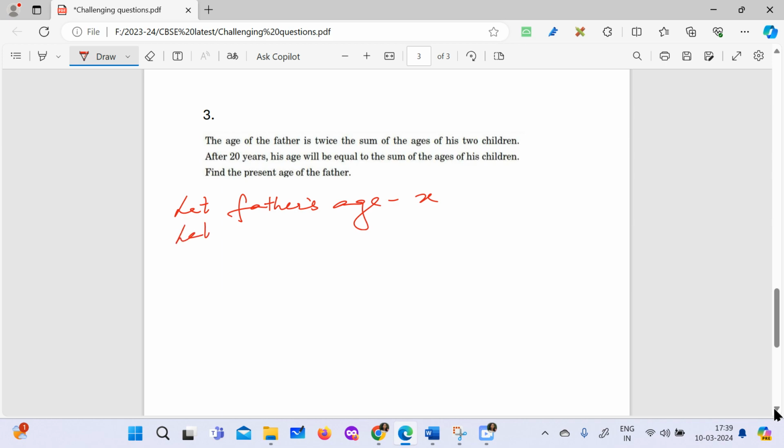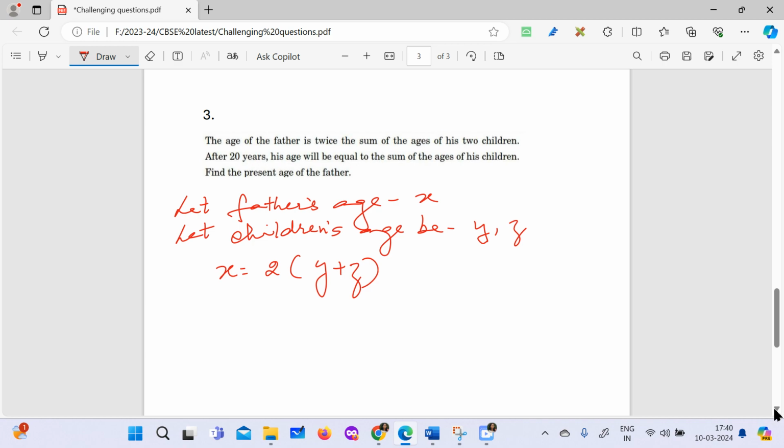Let the children's ages be y and z. So in that case, according to this question, father's age is twice the sum of the ages of his children. So we have x equals 2 times y plus z.